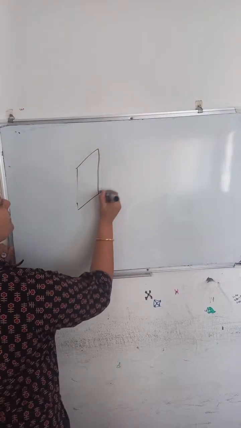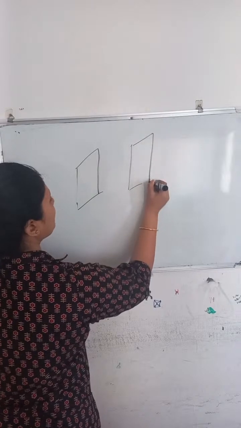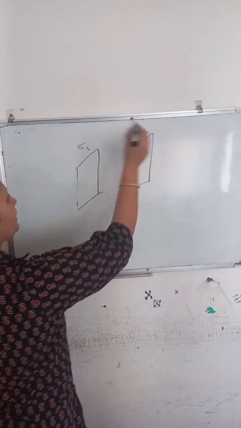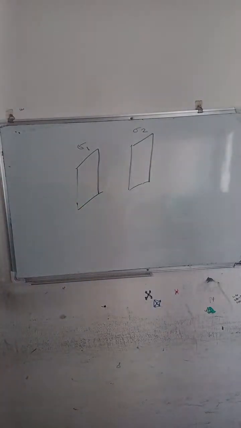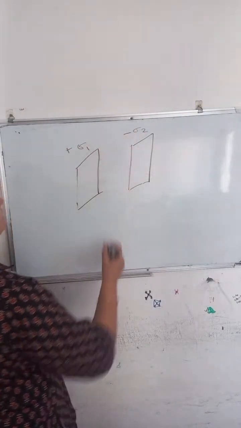These are the parallel sheets given, and suppose this is sigma 1 and this is sigma 2. We have thin metal sheets with surface densities of opposite sign. If this is plus, then this is negative.